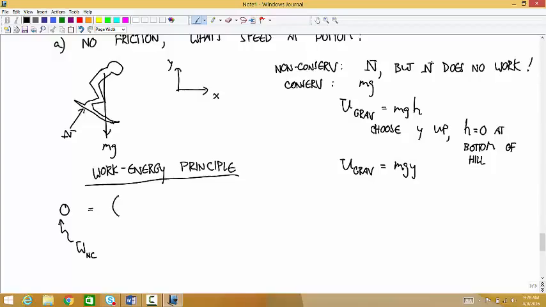Do we know the speed at the bottom of the hill? That's what we're trying to find. So I'm just going to write this as 1/2 times the mass times the speed squared. Do we know the kinetic energy at the top of the hill? Zero, yeah.